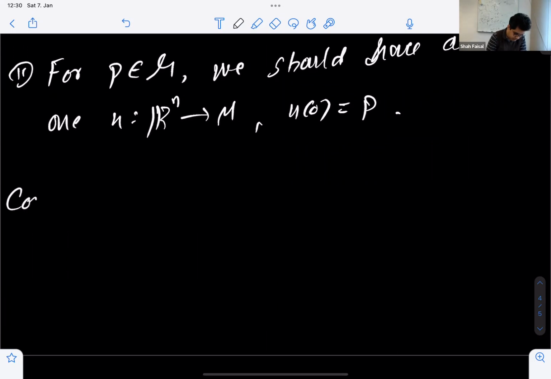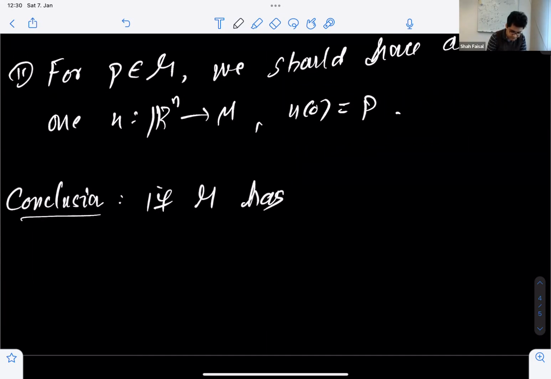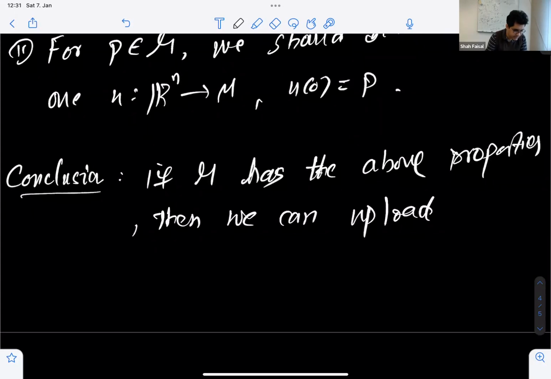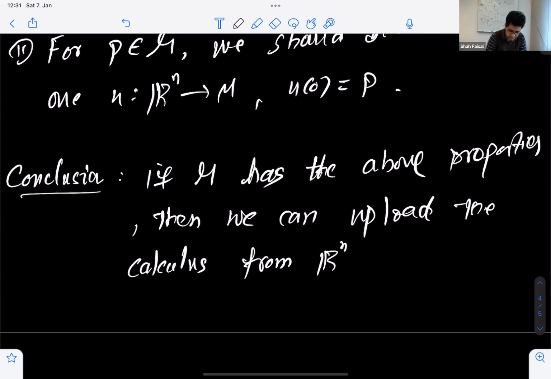So the conclusion would be, if M has the above properties, then we can upload, I mean, upload is not the right word, but since you don't have the background, that's the best term I can find for you, the calculus from Rn to M.